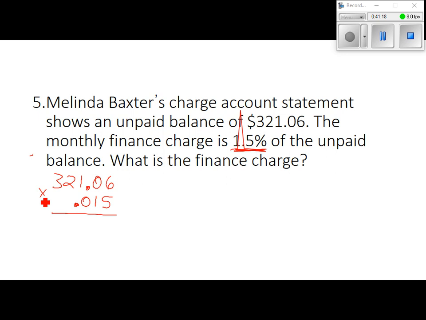Before we do it, stop for a second. Give me a sensible answer. You should do this in your head every time. Before you actually do the math, think of a sensible answer. If this was 2%, what's 2% of $100? $2. 2% out of 100 is $2, right?